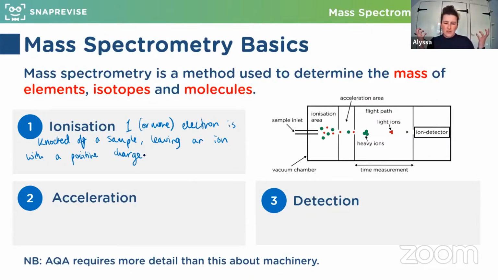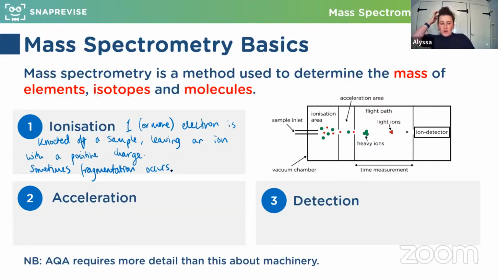Yeah, lovely, Hallie, exactly right. We can get fragmentation. Sometimes fragmentation occurs, which just means it breaks up into smaller bits. And we'll look at that a little bit more later on.